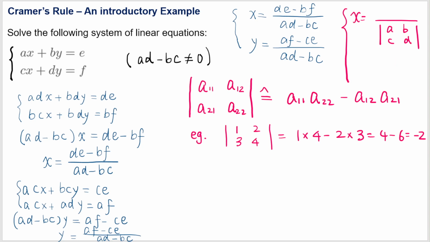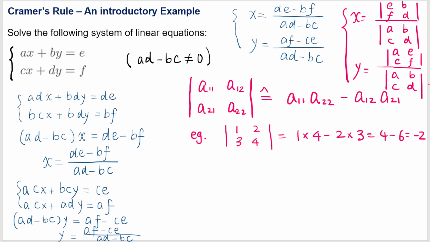And the numerator can be written as the determinant of e, b, f, d. And for y, the denominator is the same, which is a, b, c, d, and the numerator is a, e, c, f.